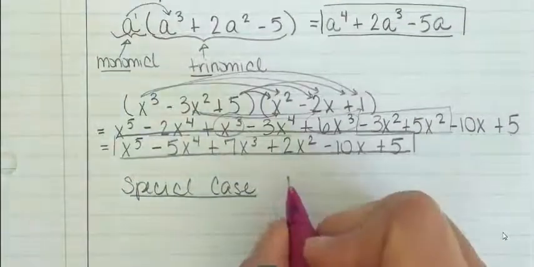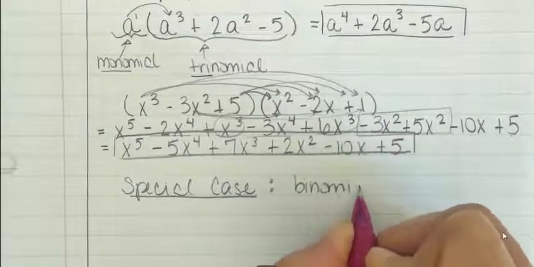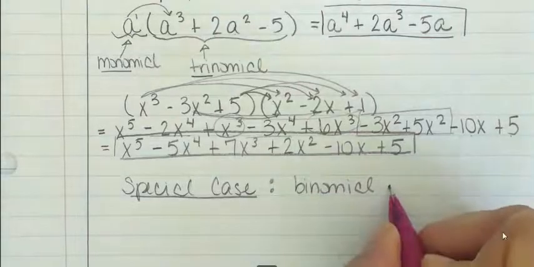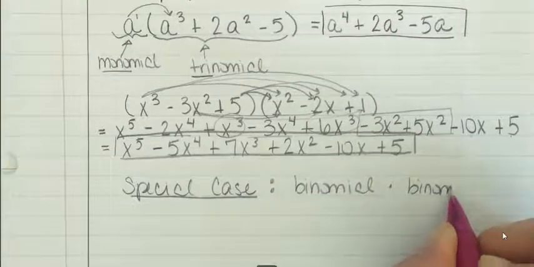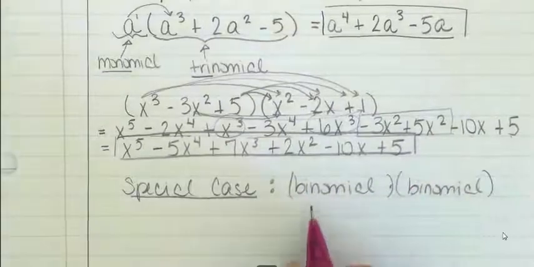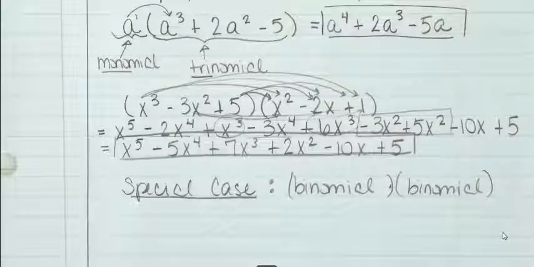And that special case is when you take a binomial, which is 2 terms, and you multiply it by another binomial, right? So maybe I'll put parentheses around them. You got 2 terms times 2 terms. That's what binomial means.